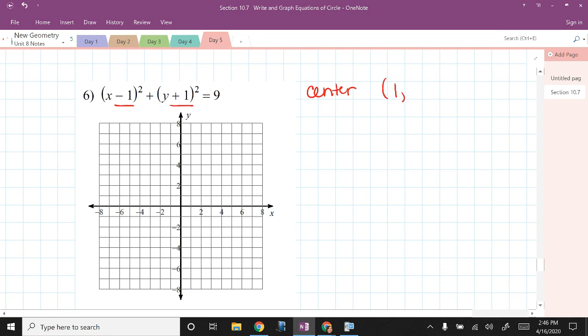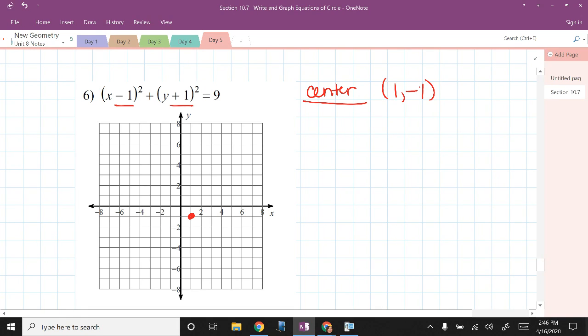My y value will be the opposite of +1, which is -1. So 1, -1 is my center. And I think the worksheet told you the label to identify those. So make sure you write that and show me the center and the radius. All right, so 1, -1, I go to the right 1 and down 1, and there's my center.